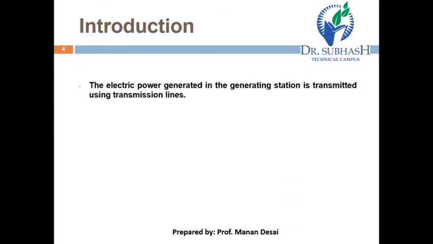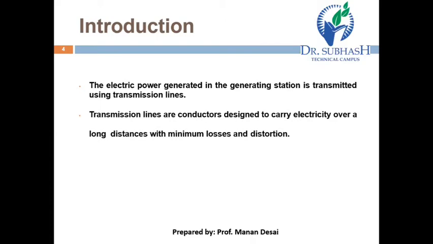The electrical power generated in the generating station is transmitted using transmission lines. When we have to deliver power between two points, we use transmission lines. They are conductors designed to carry electricity over long distances with minimum losses and distortions.